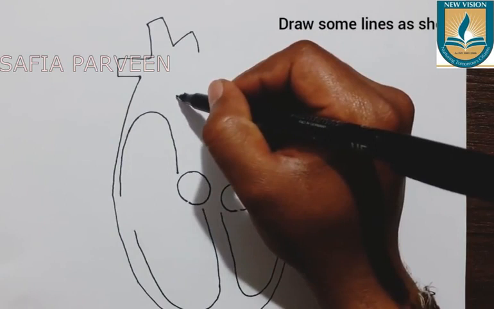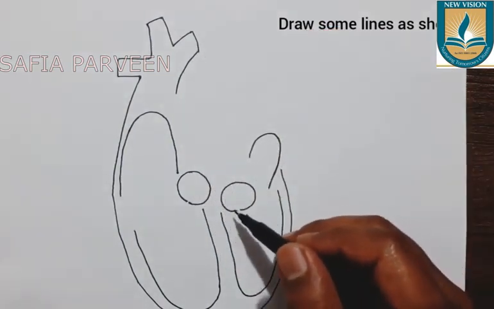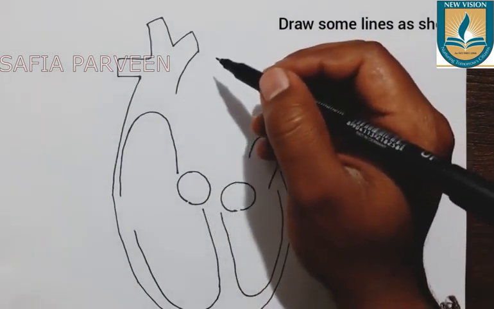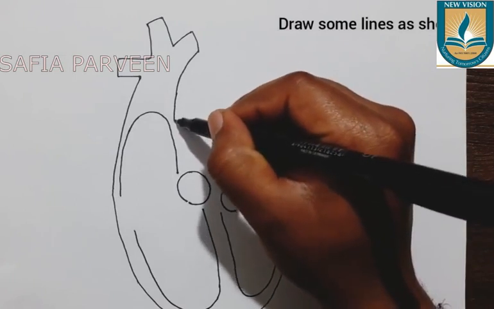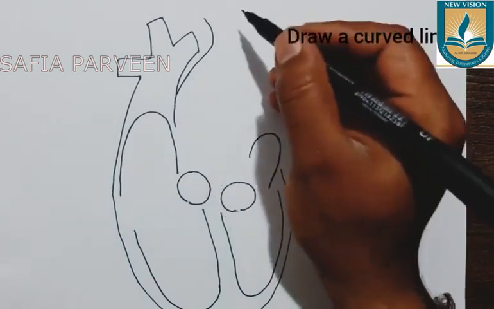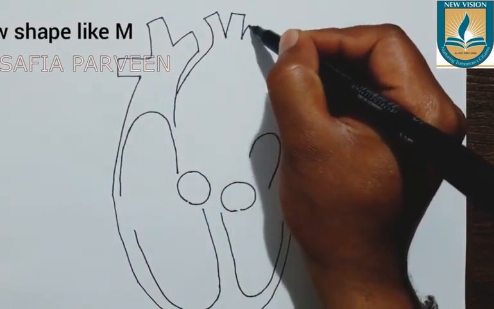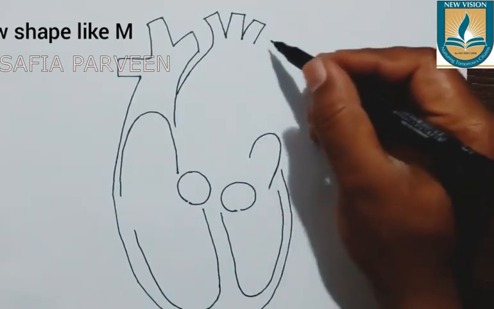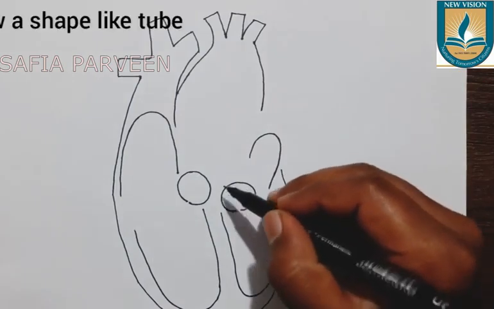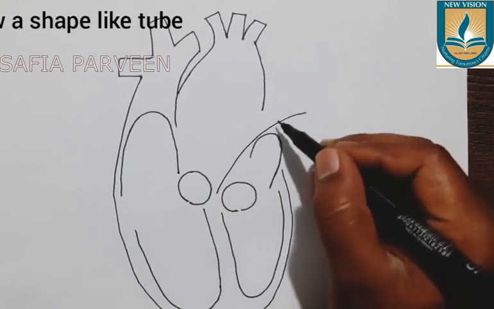Finally, you'll get the shape. That is another set of blood vessels. Now you need to put this blood vessel also. After that, see the branch of this blood vessel, you need to put it like this and draw it carefully, children.